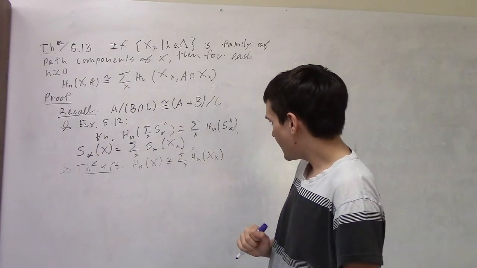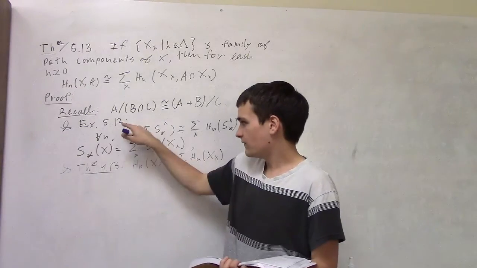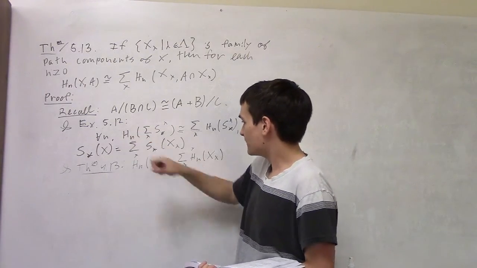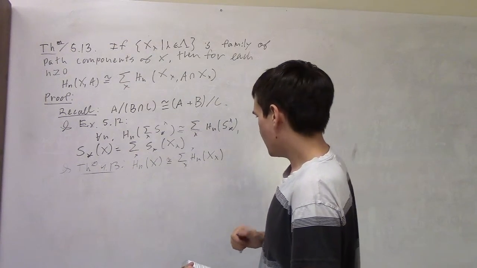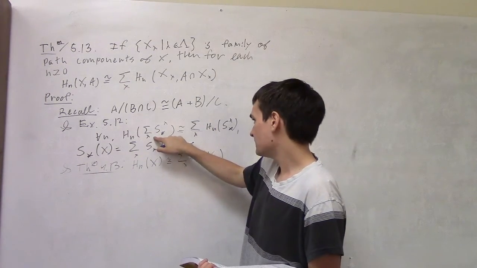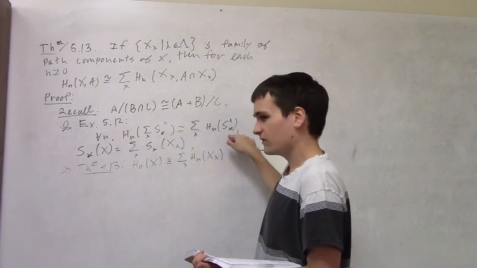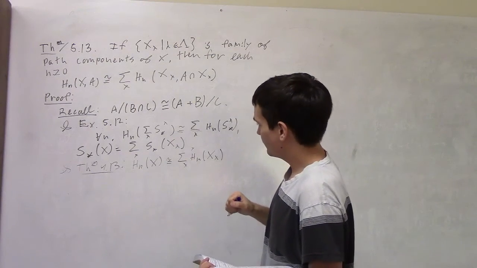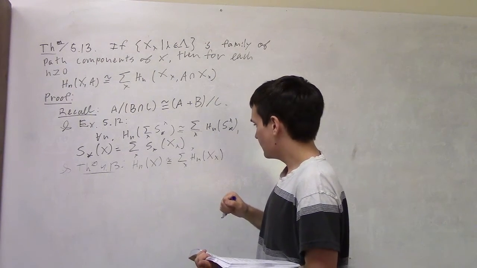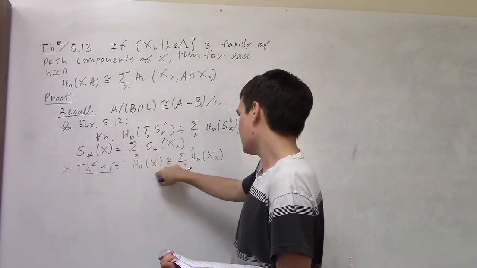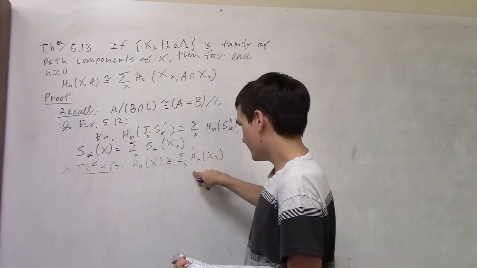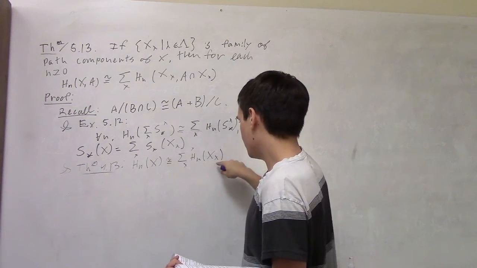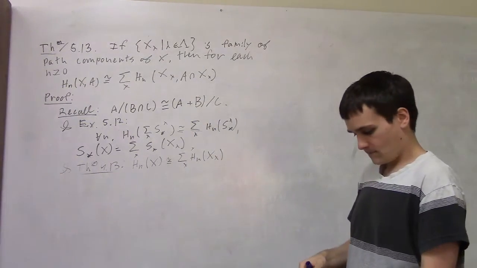Together with that, exercise 5.12 says that the homology group of the direct sum is equal to the direct sum of homology groups. And theorem 4.13 says that the nth homology group of a space is isomorphic to the direct sum of the nth homology groups of its path components.